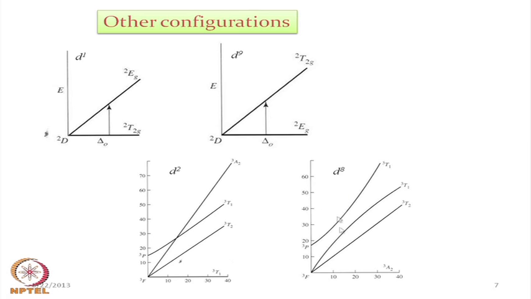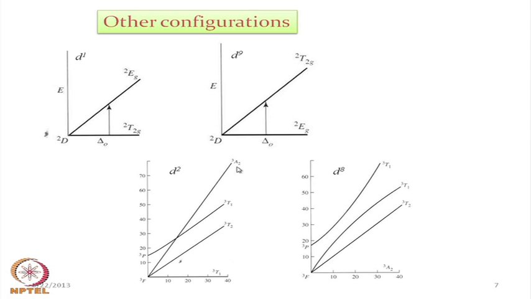Since now we have the 3T1 term which is originating from the 3F as the excited level, as well as the 3P term which is also in the excited state, that is why these two are repelling each other. But in case of the d2 electronic configuration, we have this crossover, because this crossover is permitted as these two levels are different.